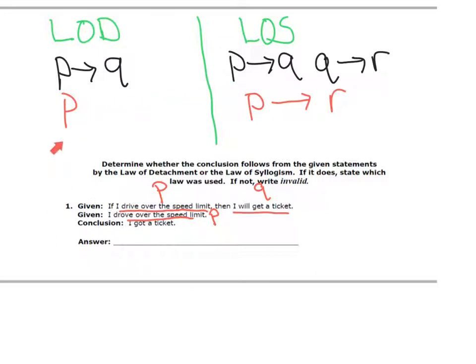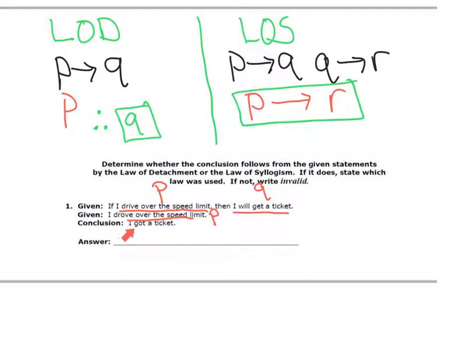We're leaning over here. Okay, so if the two P's say the same thing, then our conclusion is going to be, therefore, Q. Over here, if we use the law of syllogism, our conclusion is going to be P arrow to R.